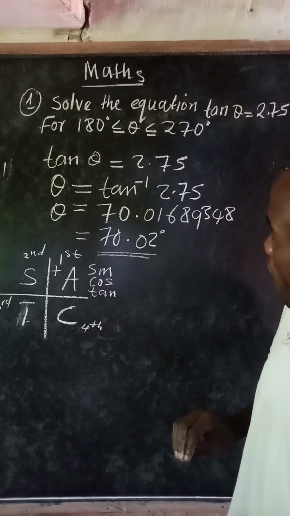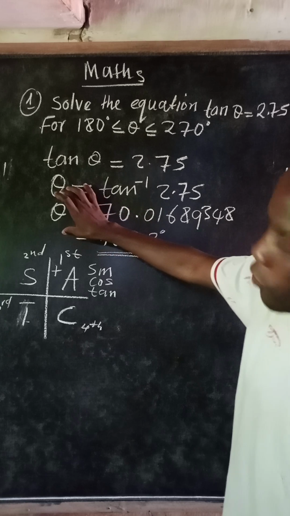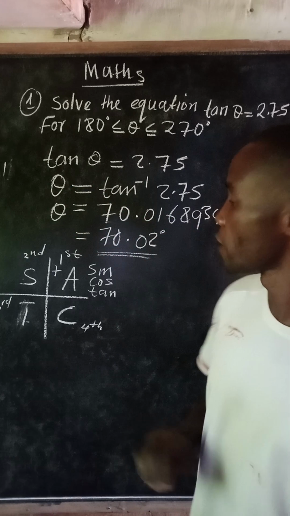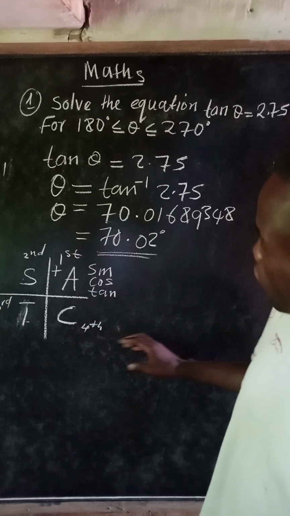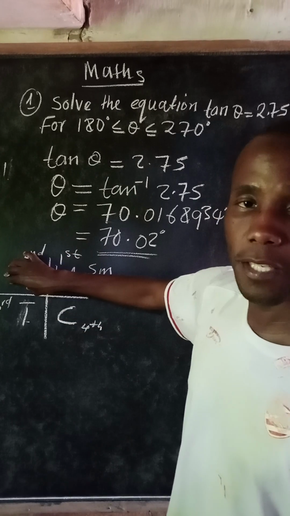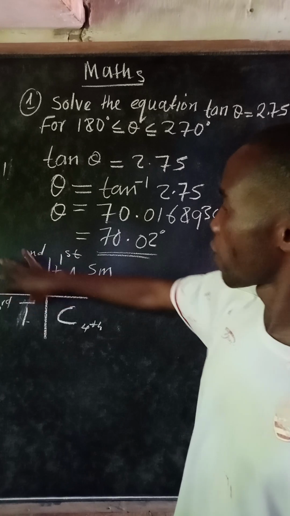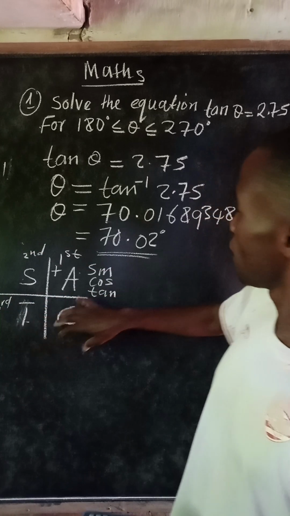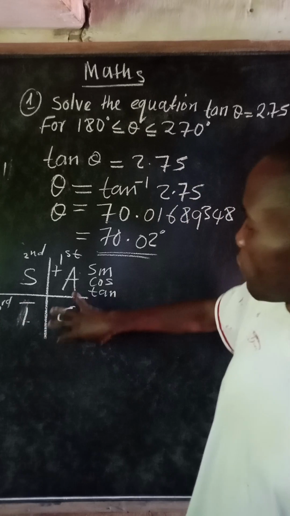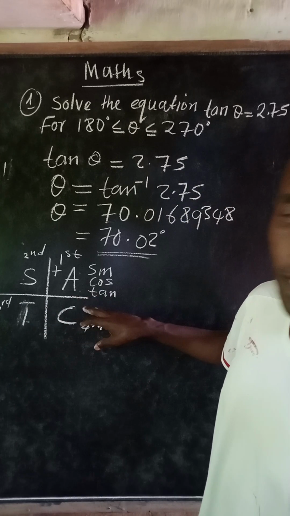So now from there, the first value of theta that you have found, this angle, is always found in the first quadrant. When you look at this, first quadrant is 0 to 90, then second quadrant 91 up to 180, third quadrant 181 up to 270, fourth 271 up to 360.